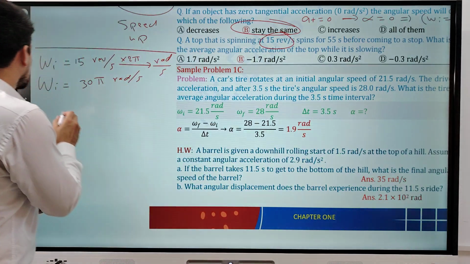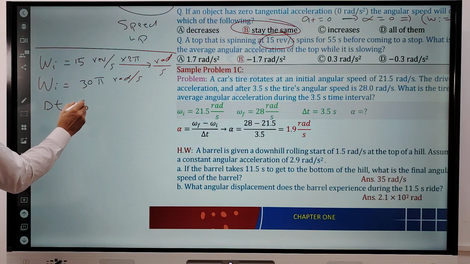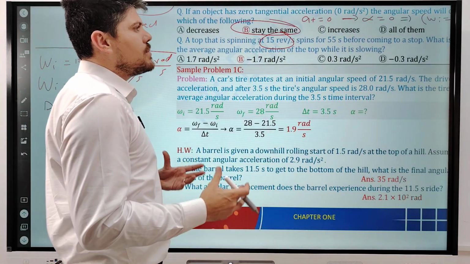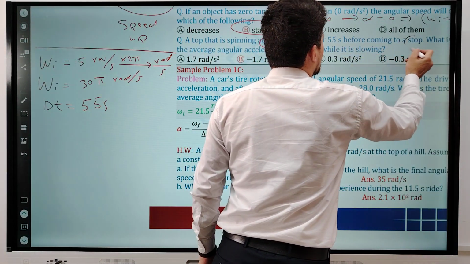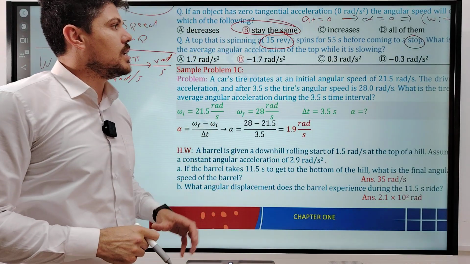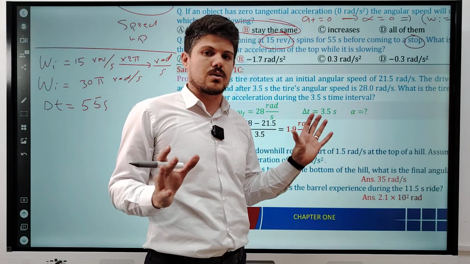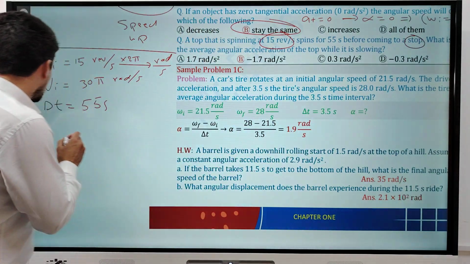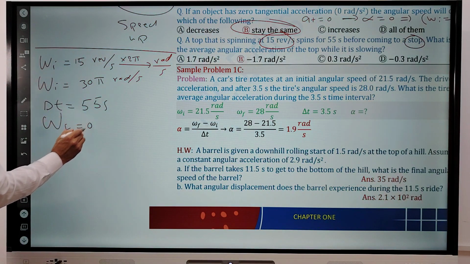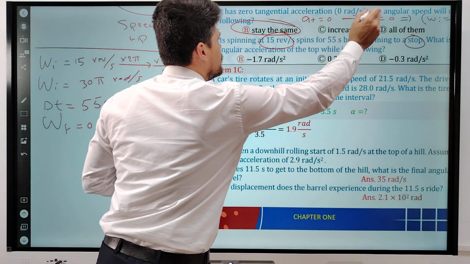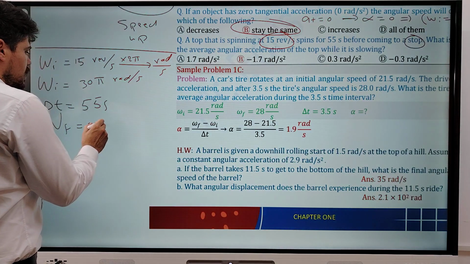Spins for 55 seconds, delta t. The time interval was given also, 55 seconds. Before coming to a stop, as I told you, if you see stop in the question, this indicates that the final angular speed is 0. Okay? Omega final is 0. How did you know omega final is 0? Because the question says before coming to a stop.